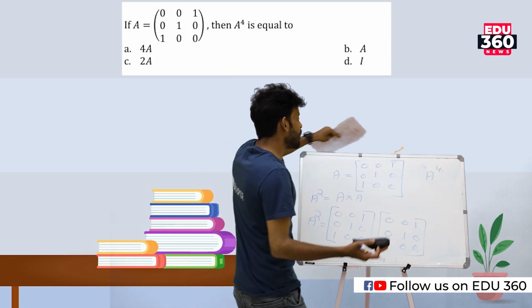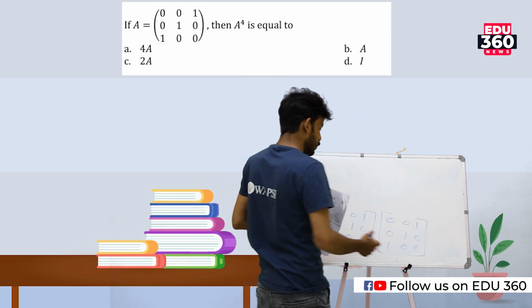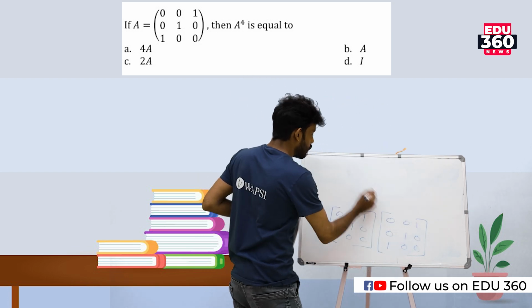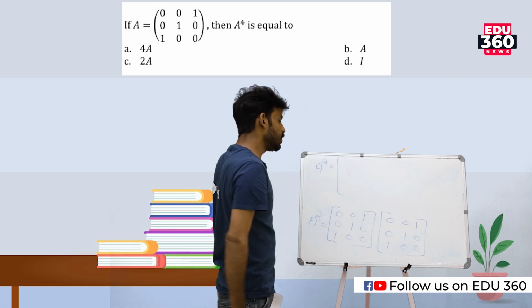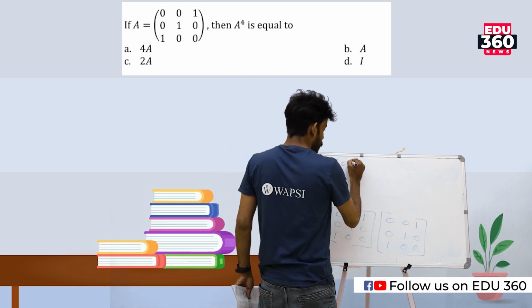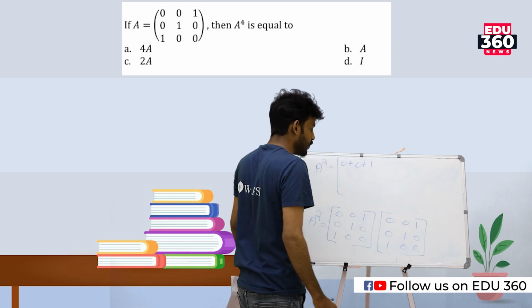So in the next step, 0 into 0, 0 plus 0 plus 0 plus 1. That is the first element.